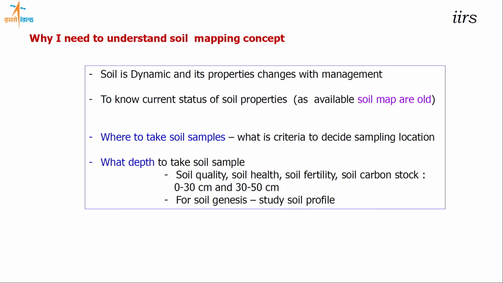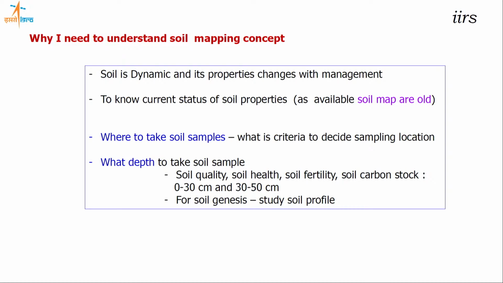But which are the stable properties? For example, texture of the soil or other physical properties are sometimes stable, and those properties we can use very well. Another reason we want to understand the soil mapping concept is that sometimes you are working in a new area, you have the soil map but the soil information is old, and you want to generate new soil information.